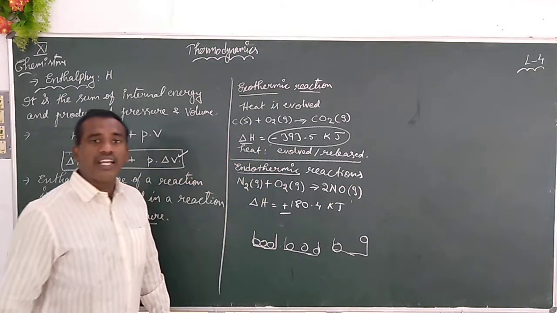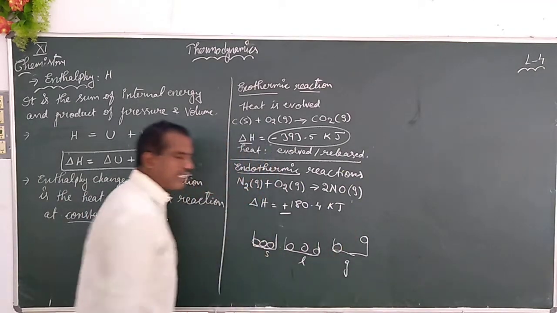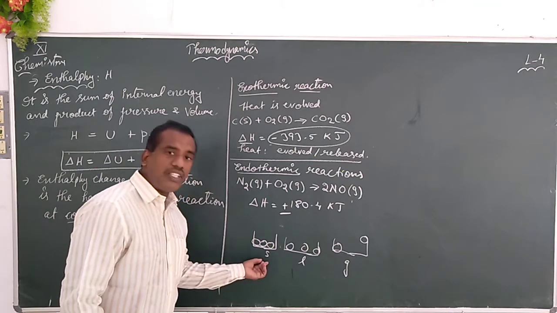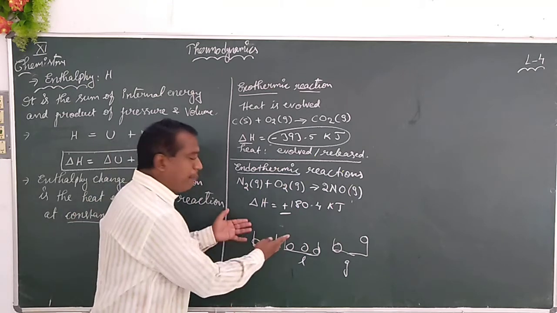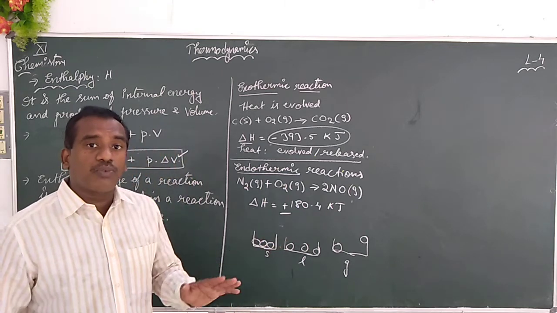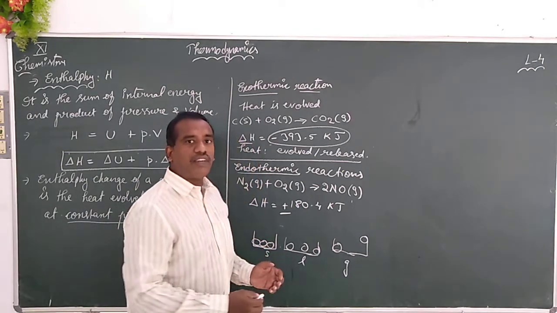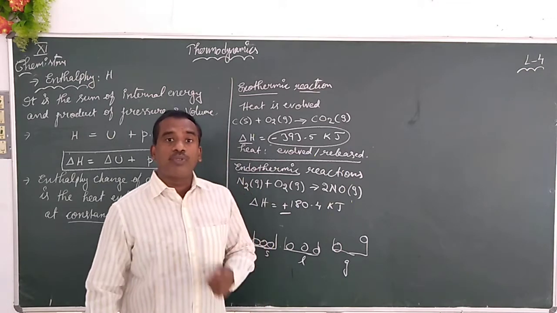If a little amount of heat is given to the solid for a 1 degree rise in temperature, we do not observe much volume change. In liquids also, volume change is not observed. But in the case of gases, we can observe a volume change.